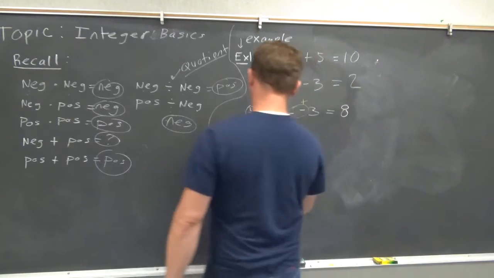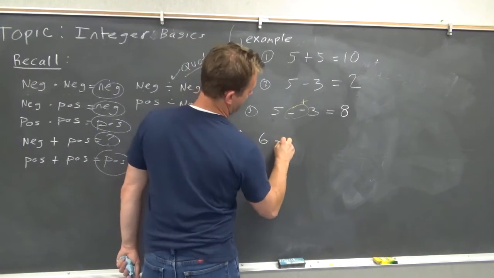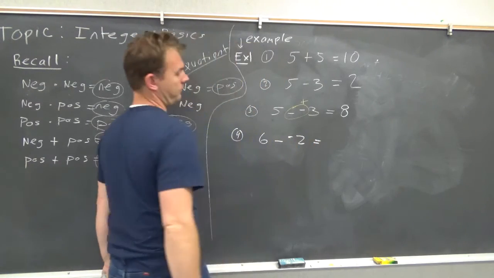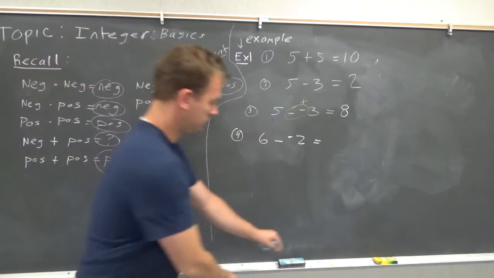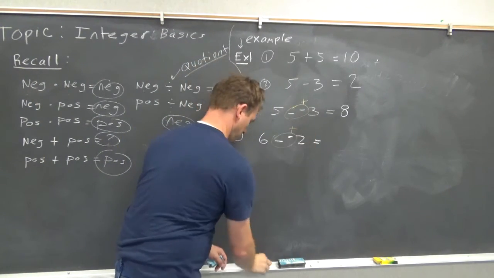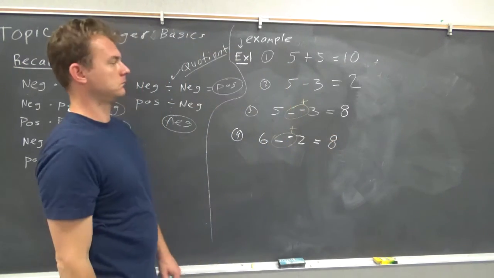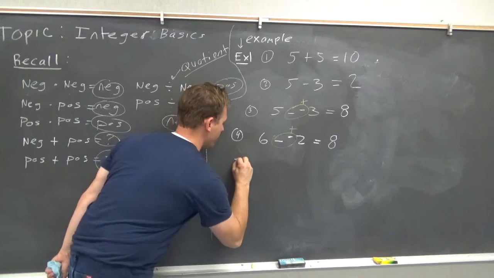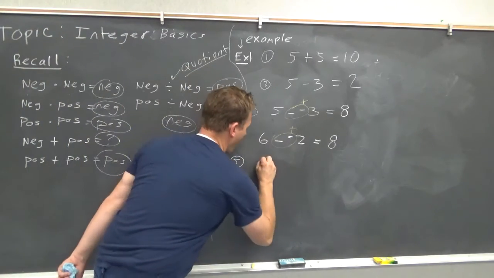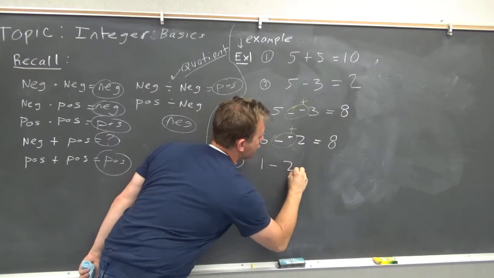Okay, 4: 6 minus negative 2. Okay, 5: 1 minus 2.